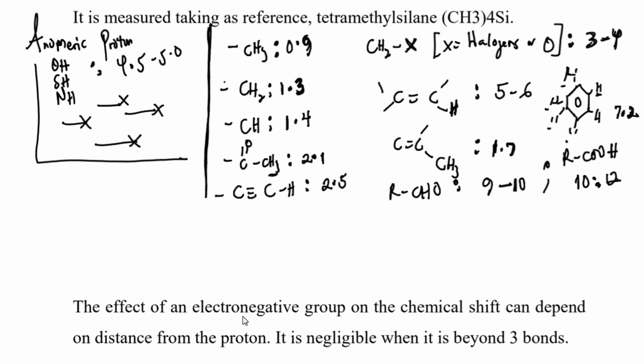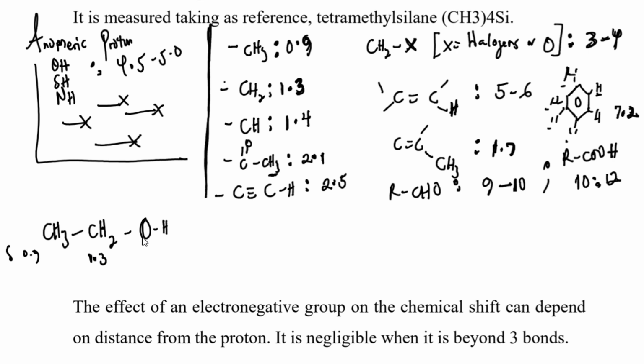So the effect of an electronegative group on the chemical shift can depend on distance. So let's say we have CH3. In the case of methanol, let's say CH3, CH2, and oxygen, right? So this is OH. So recall that we said this was supposed to be 0.9, right? We said it was supposed to be 0.9, and we said this was supposed to be 1.3.